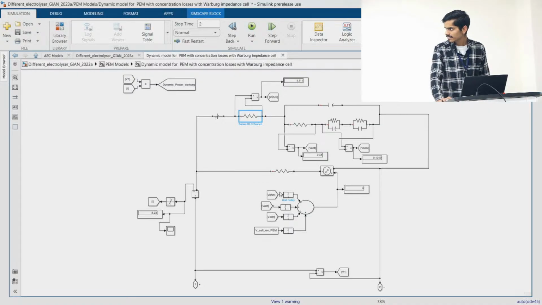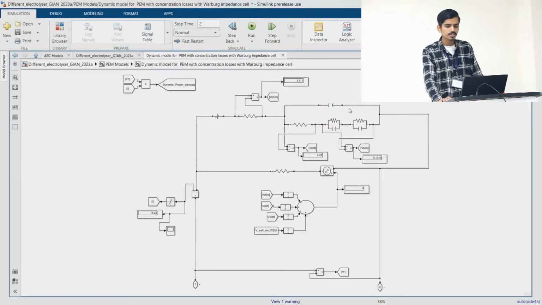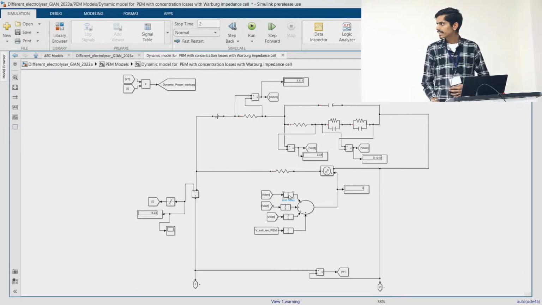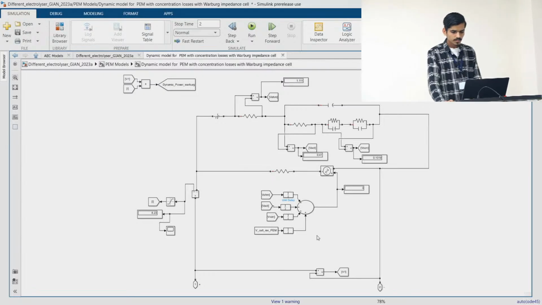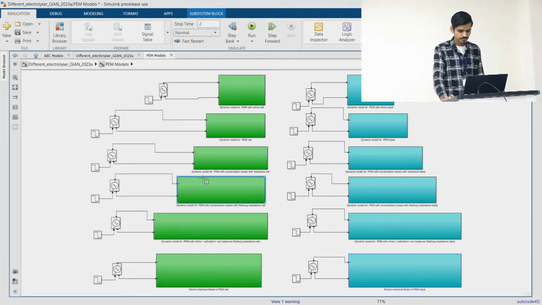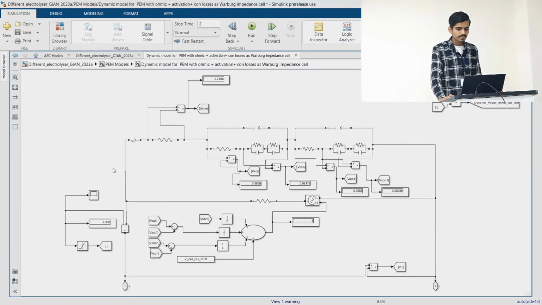In a practical scenario, this capacitance doesn't allow an abrupt change in voltage; it takes some time to reach that value. For that, in a practical scenario we use a first order transfer function, in which we multiply tau with s. Basically tau represents RC. Here we are just giving the unit delay to account for that. So this is our next and final model.